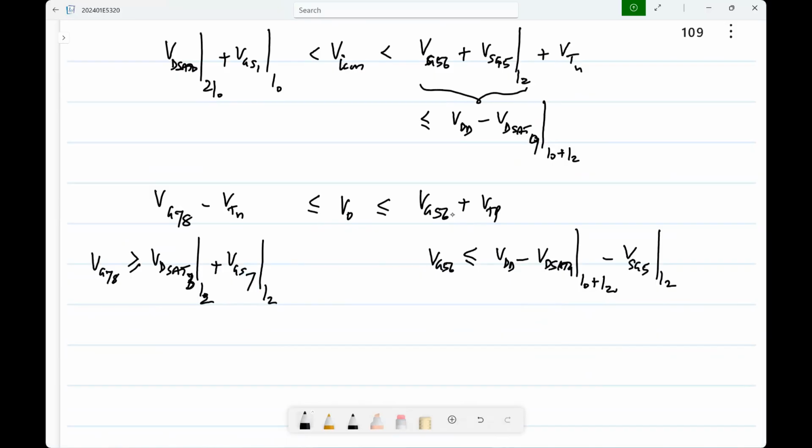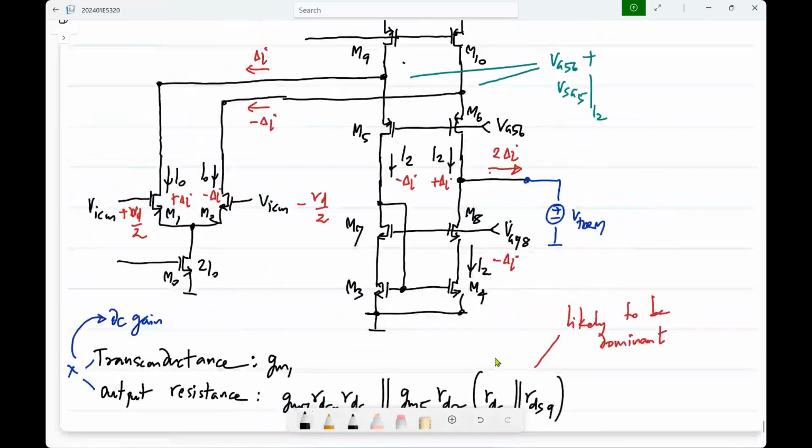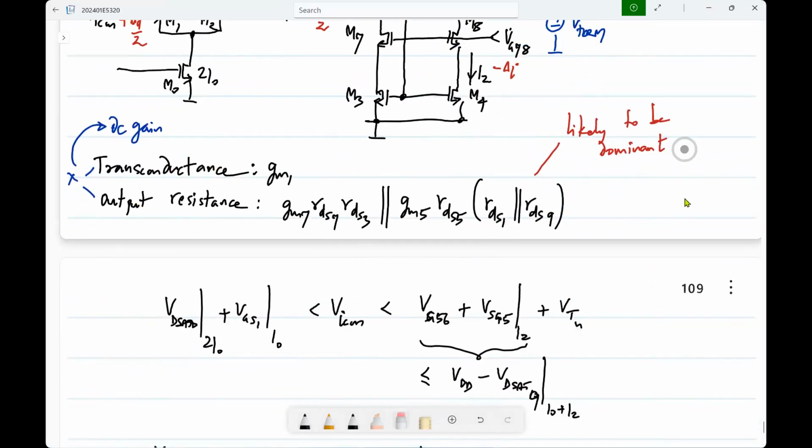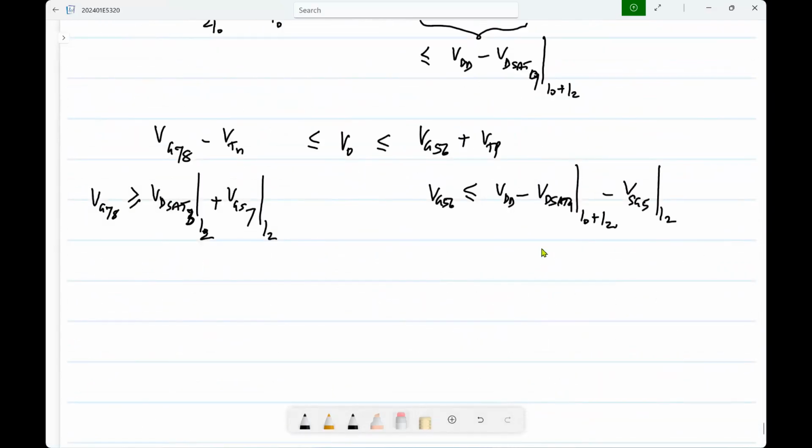VGS7. Okay. It's easier to look at the picture and imagine what is happening. So, if you keep on lowering VG78, but without letting any transistor go into the triode region, M3 and M4 will be at the edge of this triode region or saturation region. So, then you have to leave one VD-SAT for M4 and one VD-SAT for M8. That is the lowest limit. Okay. And similarly on the upper side.